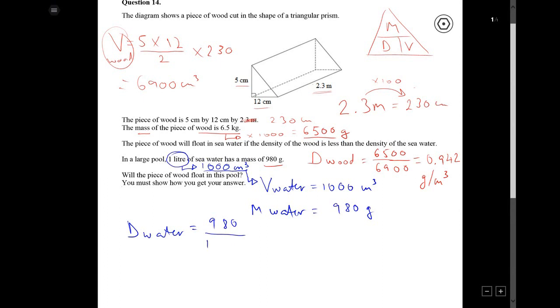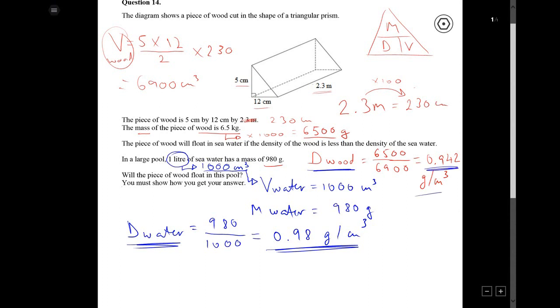If I type that in my calculator, I'm going to get 0.98 grams over centimeters cubed. Great. So now I've got the density of the water, which is 0.98 grams per centimeter cubed. I've got the density of wood, which is 0.942 grams per centimeter cubed.